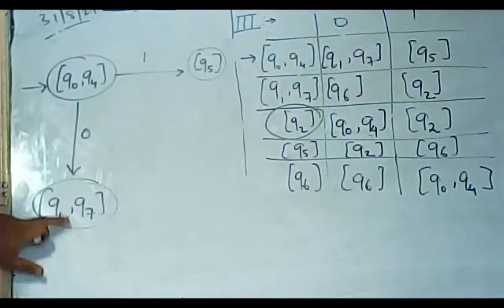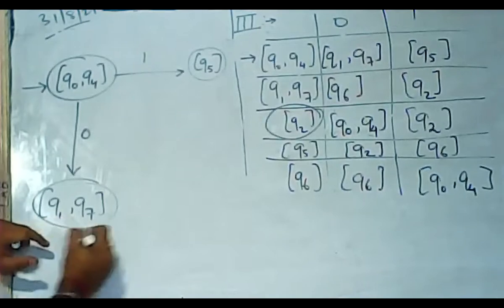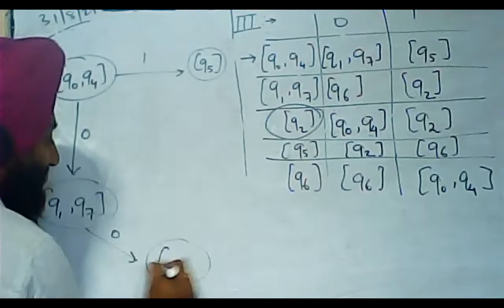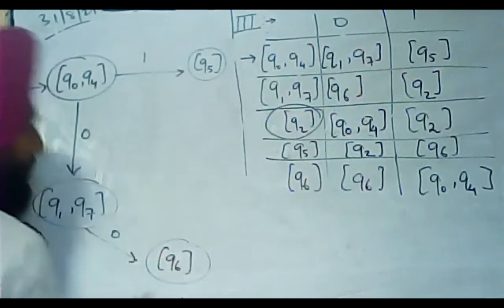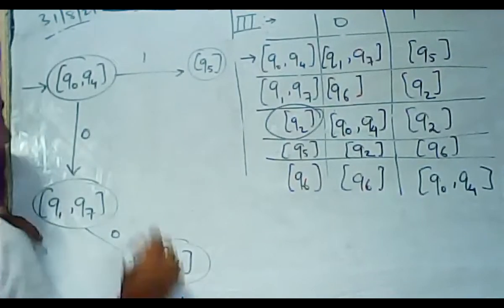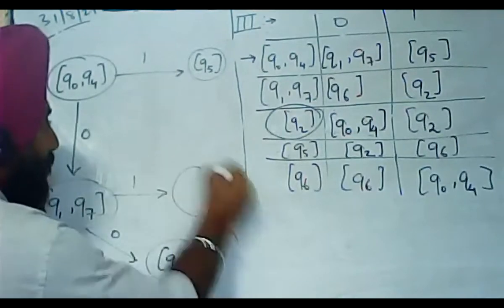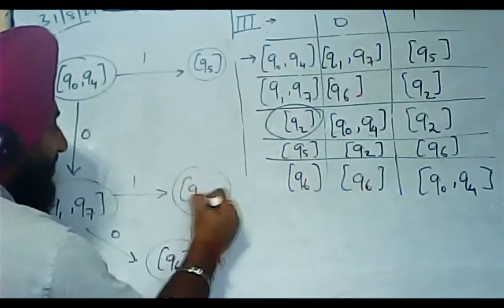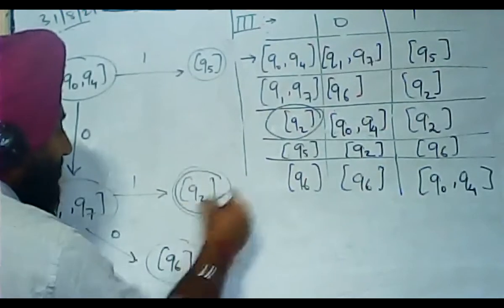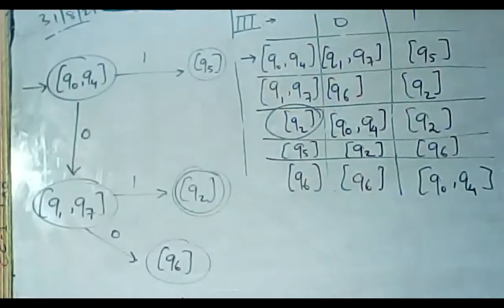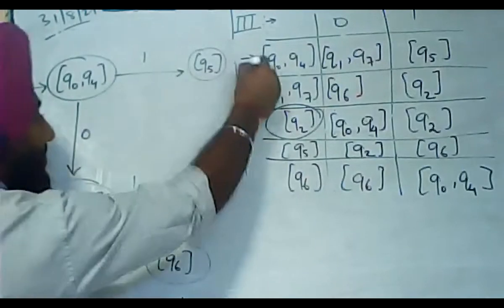Next, Q1, Q7 upon the processing of 0 is going to Q6. Upon the processing of 1, it is going to Q2. Here Q2 is your final state, so double circle it. So two rows have been completed.